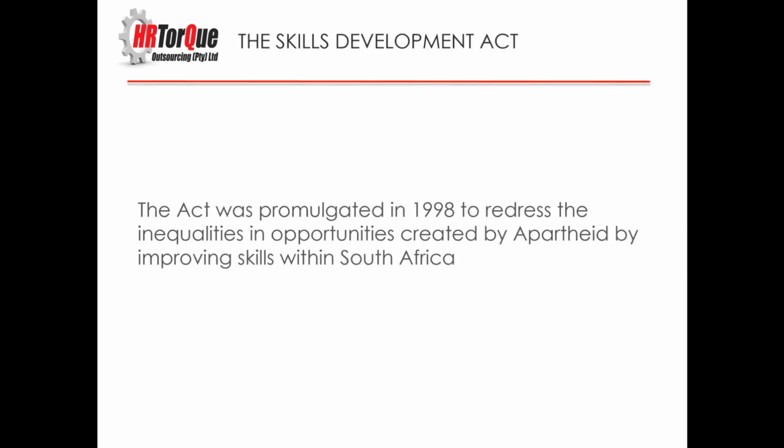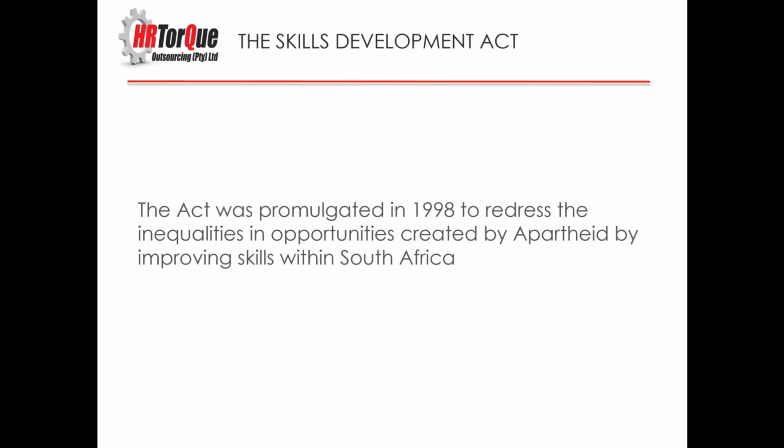Okay, so talking a little bit into the Skills Development Act. The Skills Development Act was promulgated in 1998, and much like the Employment Equity Act, it was put into place to help address inequalities in opportunities in the workplace that were created as a result of apartheid.